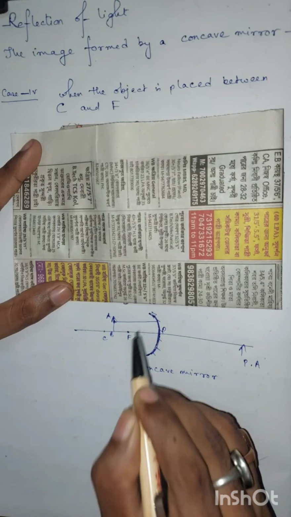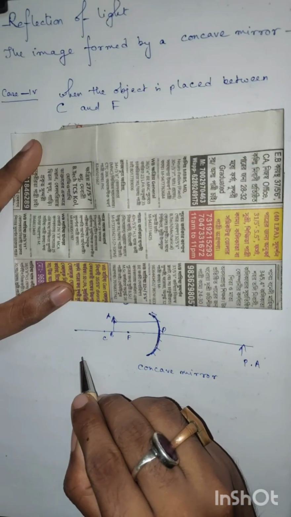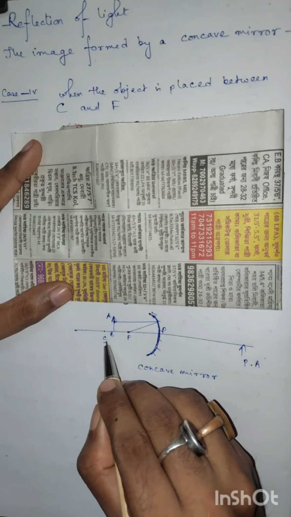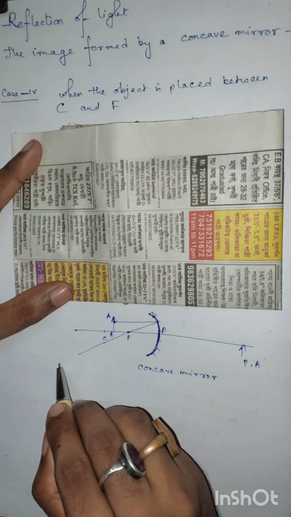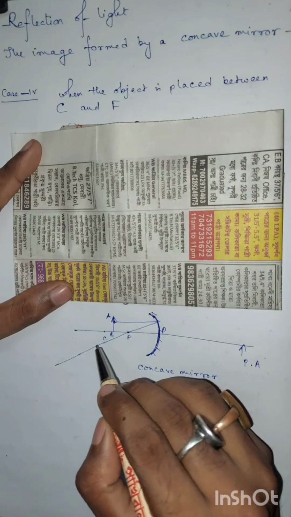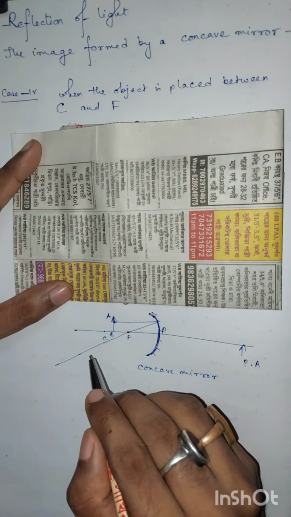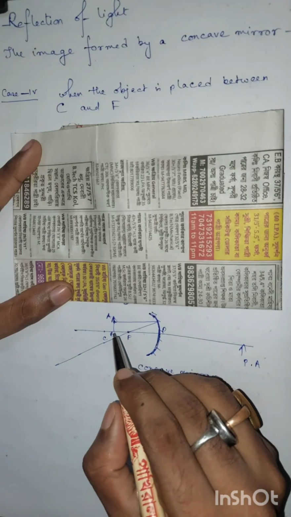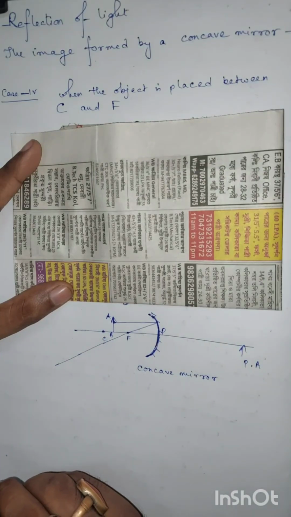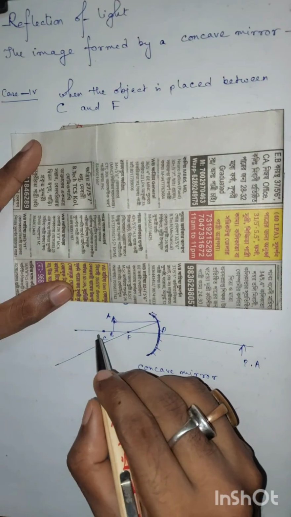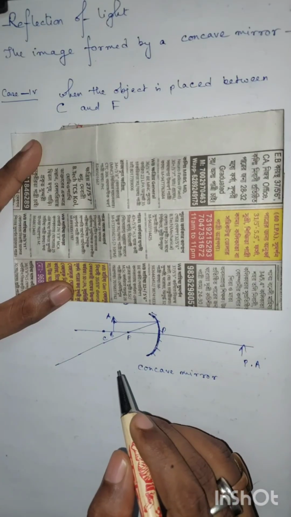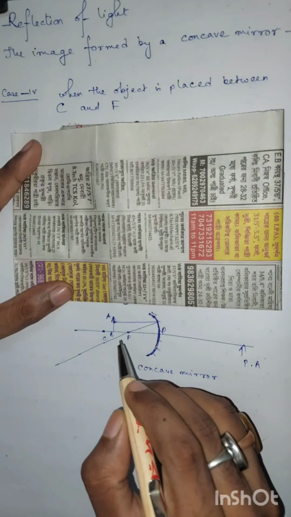First ray, which is parallel to the principal axis, after striking the mirror it goes through the focus.